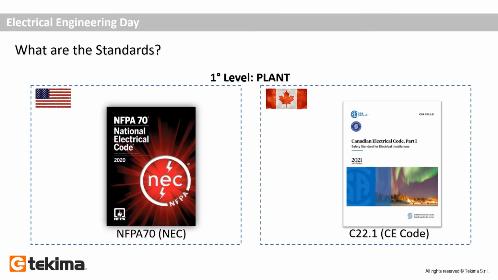As we mentioned before, when we talk about North America, from a regulatory point of view, we must necessarily distinguish between United States and Canada. For the first level, these are the two main books for the United States and Canada, respectively: NFPA 70, National Electric Code for USA, and C22.1 CE code for Canada.